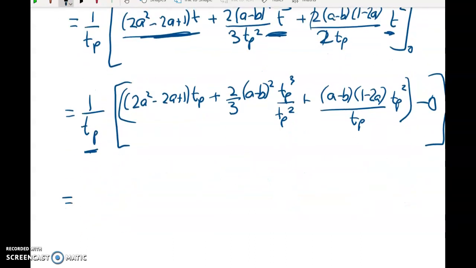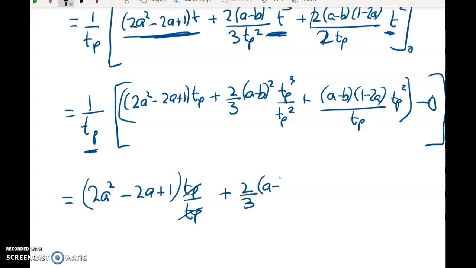Now, cleaning a whole lot of stuff up, this gives me 2a squared minus 2a plus 1, plus 2/3 of (a minus b) squared. So this simplifies to TP, so times TP over TP. So that's gone.